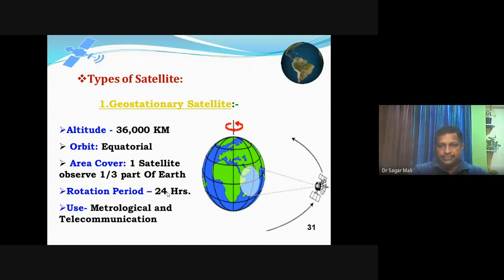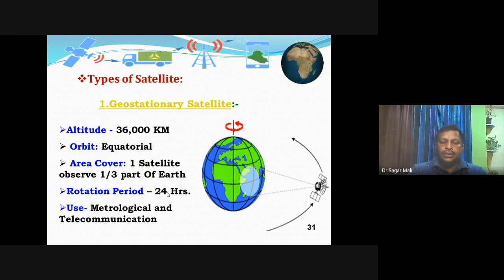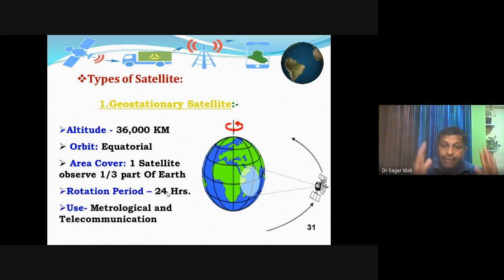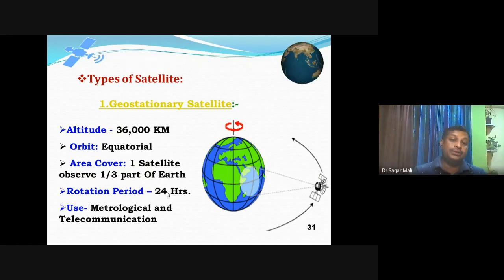A geostationary satellite moves parallel to the equator, and it continuously observes the same portion from its launching to its expiry. Continuously they are moving parallel to the equator, and from the equator it is observing the earth.